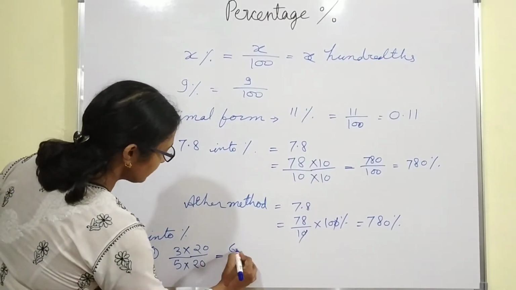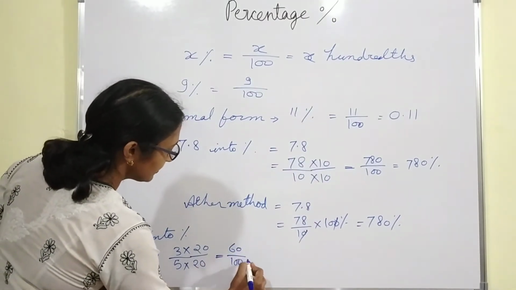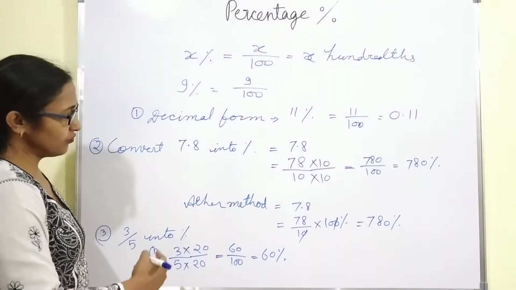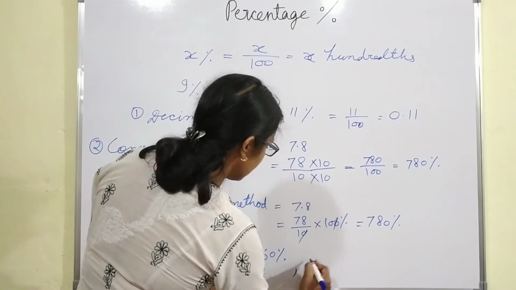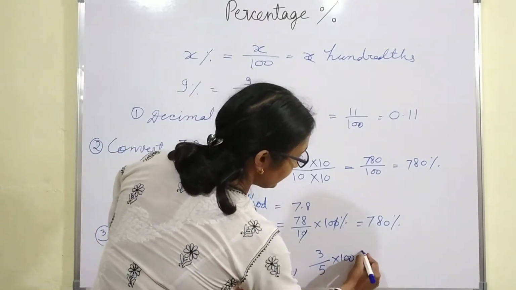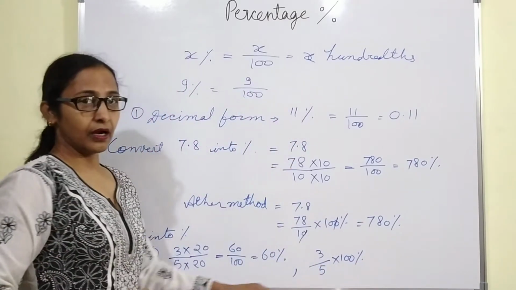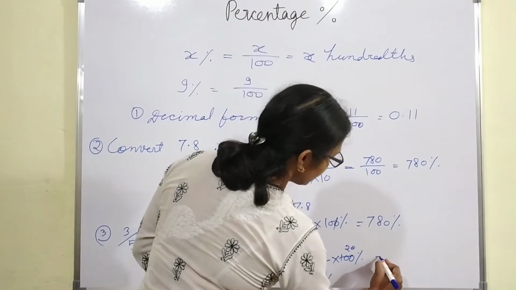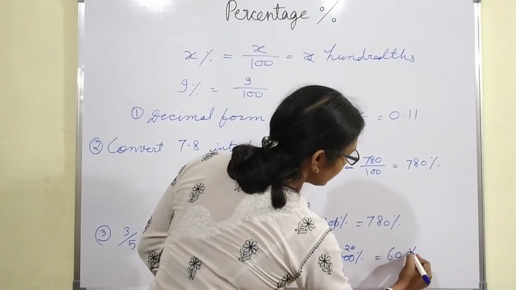So it will become 60 upon 100, means 60%. This is the first method. Another method is 3 upon 5 into 100%. 5 20s are 100. So it will become 60%.